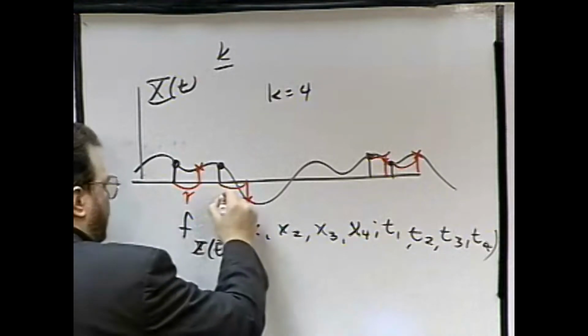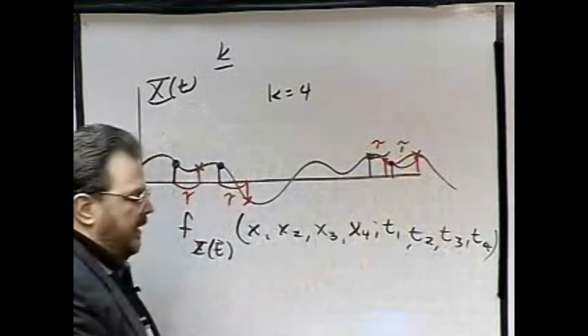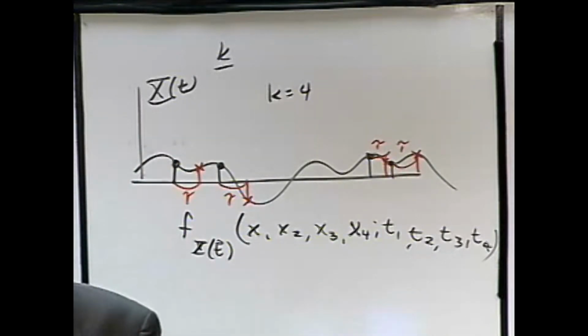Each one of these intervals is exactly the same shift tau. Now, if the random process hasn't changed with respect to time, the four-dimensional probability density function describing the red points is going to be the same as the four-dimensional density function describing the black points, if the character is not changing with respect to time.